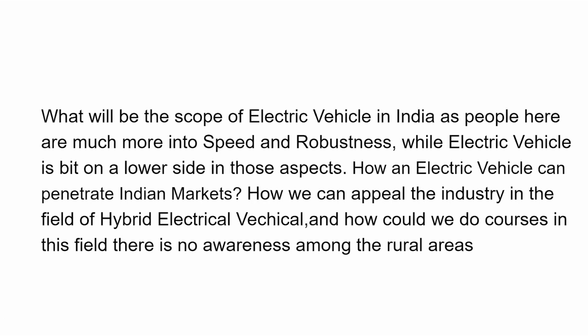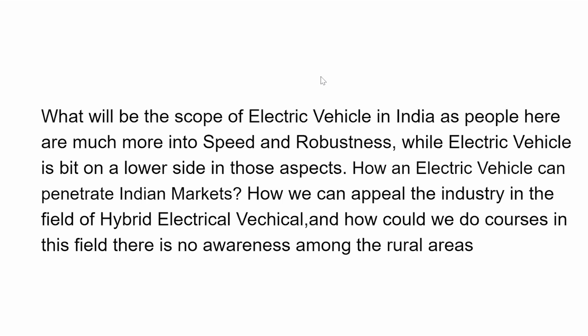I have never seen any engine vehicle be as fast as the electric vehicle, so that part is covered. When it comes to robustness, they are getting more and more robust day by day. There are a lot of safety laws in place that make sure these vehicles are safe and robust enough to drive.